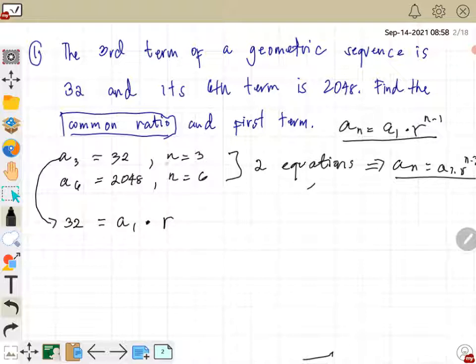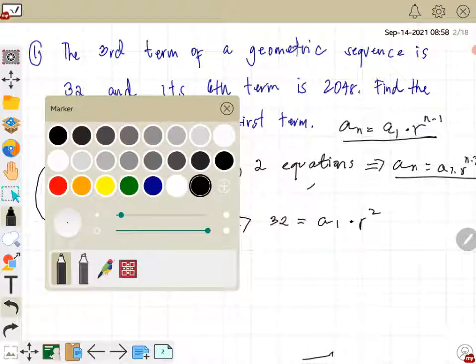But we do have n, which is 3, so that's 3 minus 1. This in turn gives us 32 equals a sub 1 times r square. So this will be our first equation.